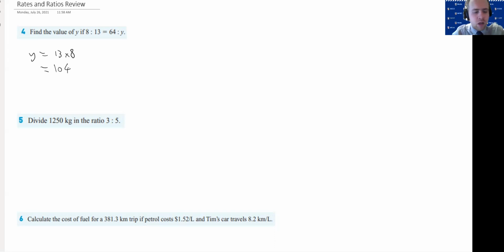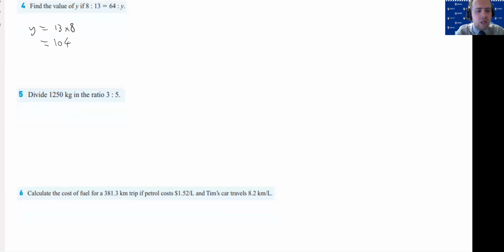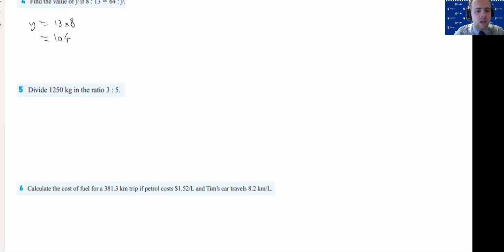For the next question here, we're going to divide this quantity into this ratio that we're given. So we've got 8 parts in total, okay, which is the quantity that we're dividing. We then need to find out what 1 part is.